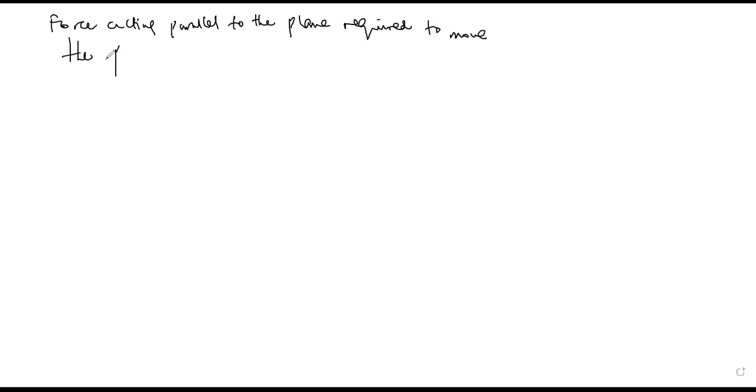Case 2 is where we have a force acting parallel to the plane required to move the particle down.